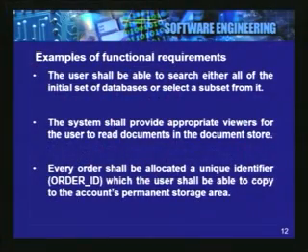Now, if we take a look at such a system, and that was the user description of the system, when you try to translate this down to the functional requirements of the system, it could boil down to three points. The first point being the user should be able to search for all the articles from any one of these databases, or select a subset of the articles based on certain search criteria that they are going to specify.